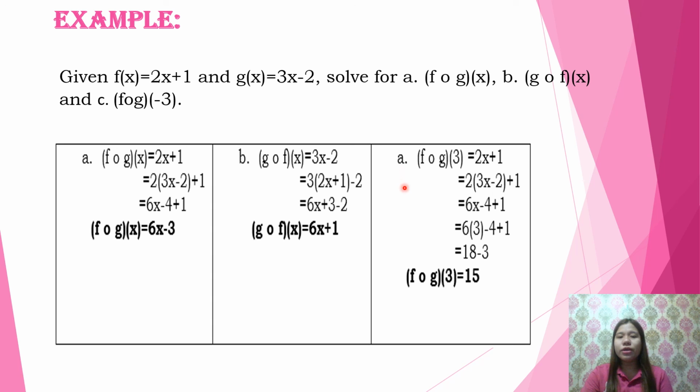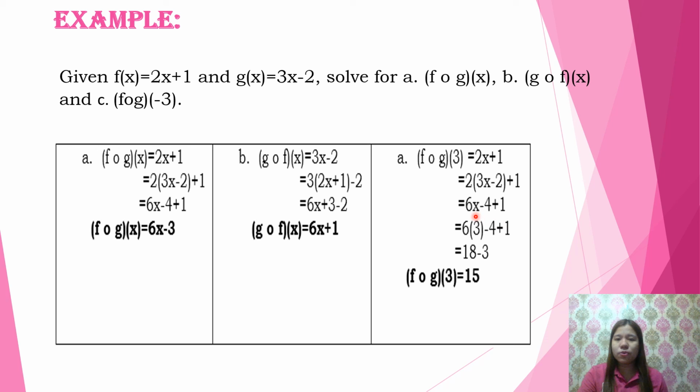And then, another is f of g of 3. So, write first the equation, 2x plus 1, and then yung x palitan ng g of x, which is 3x minus 2. So, we have 2 times 3x, 6x, and then 2 times negative 2 is negative 4, and then plus 1.